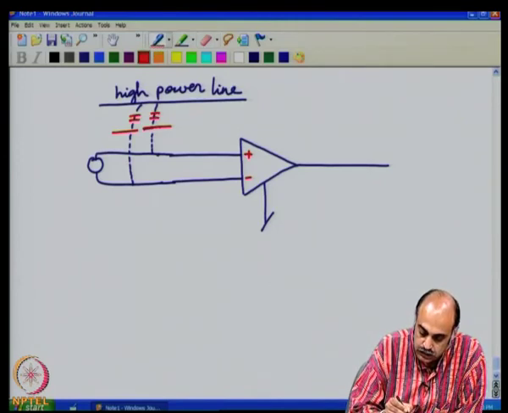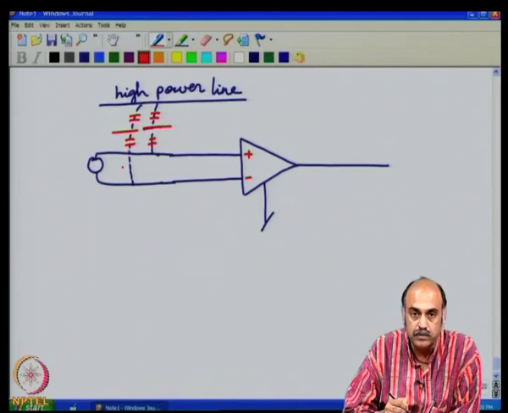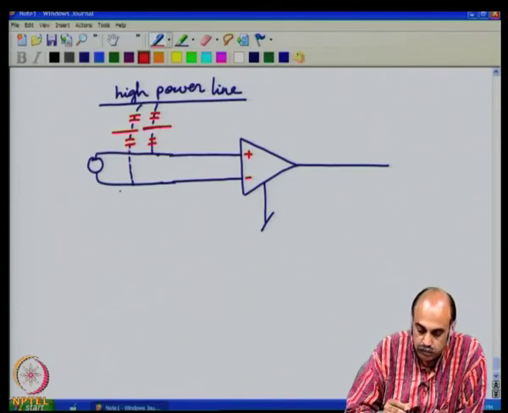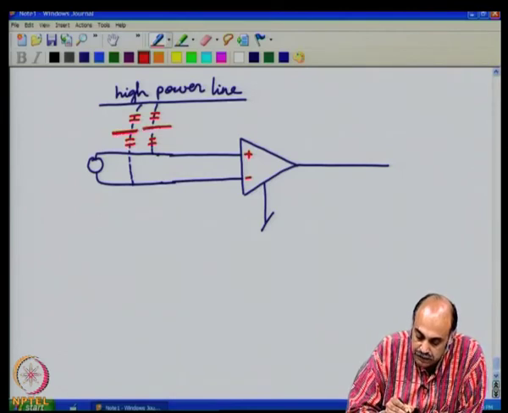So, each of the capacitances is now split into two capacitances in series, and therefore, we have a much higher impedance between.